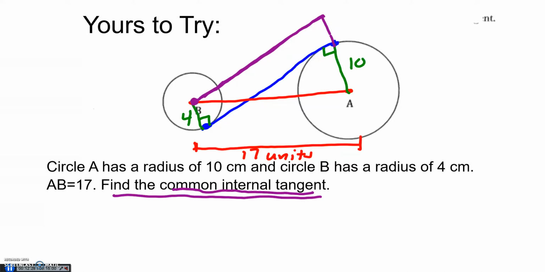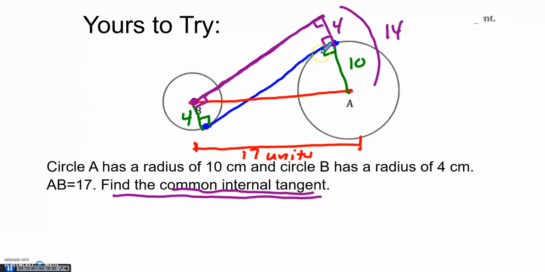So now what I did was I created a rectangle, which means I know that these two are right angles here, and I know that these two are right angles here. I know that because this is 4, this piece is 4 as well, which means that this entire side is 14.